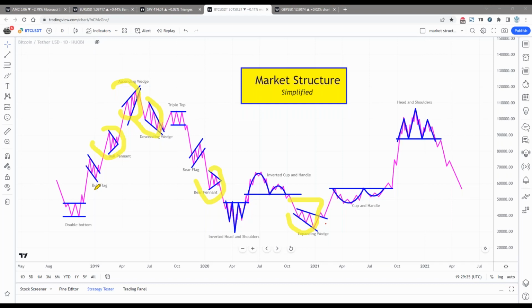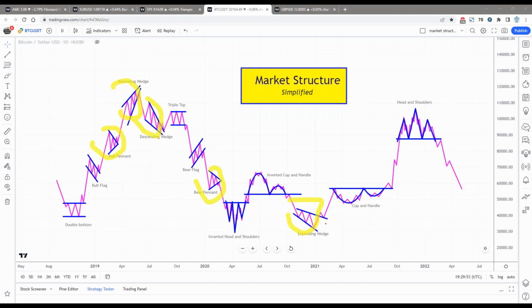I learned in school that anything that has two converging lines and a base is a triangle. Now, there's all kinds of definitions for an ascending wave, a wedge, and a descending wedge, and a bullish pennant, and a bearish pennant, and an expanding wedge, an ascending triangle, descending. Forget it all. In price action, we're only looking for the development of a triangle.